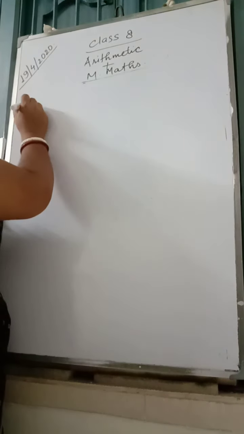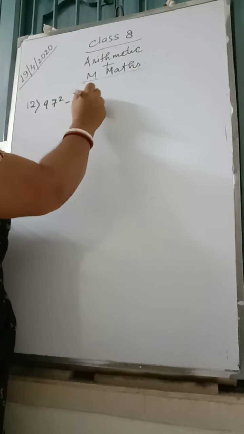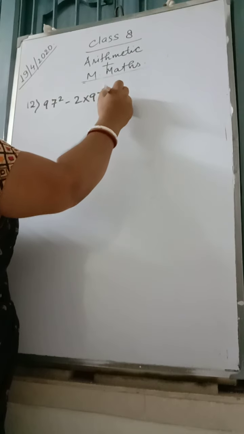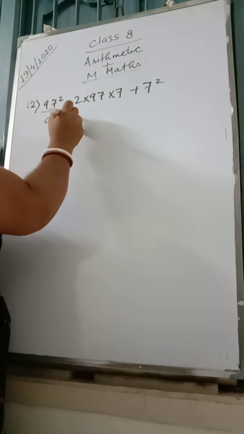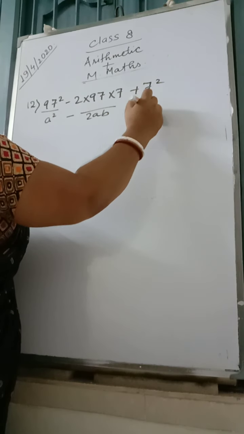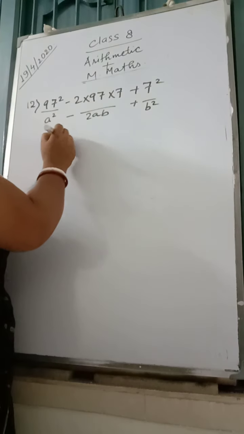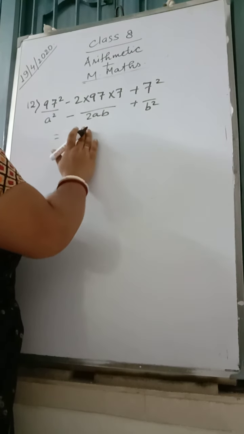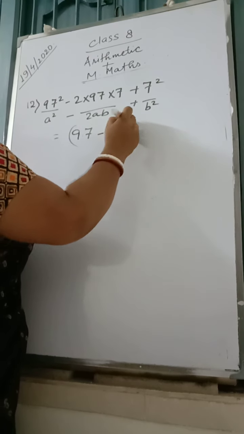Question number 12, it says 97 square minus 2 into 97 into 7 plus 7 square. What do we see? It is in the form of a square minus 2ab plus b square. Whose formula is this? It is the formula of a minus b whole square.